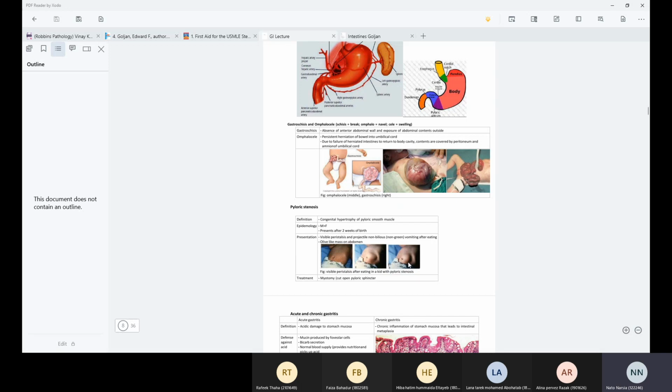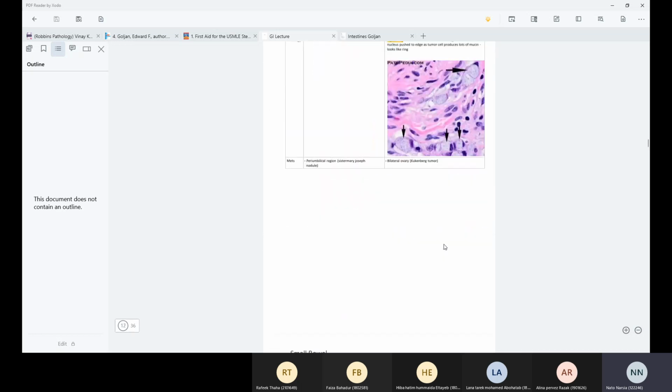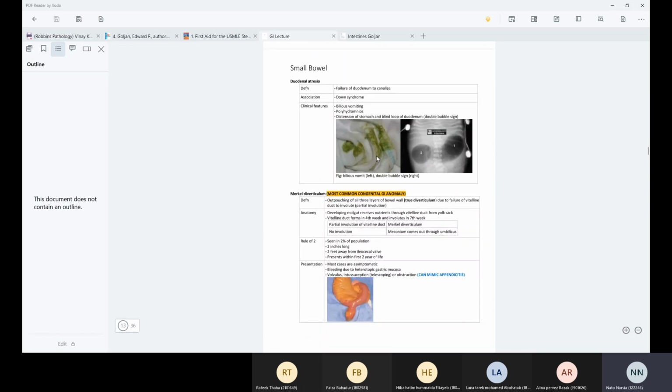Also vomiting after eating, and this manifests after 2 weeks usually. Also pay attention, non-bilious is given here. What is non-bilious? When the baby vomits, it is white, not green like bilious vomiting.